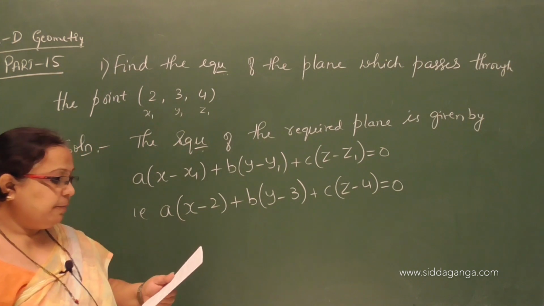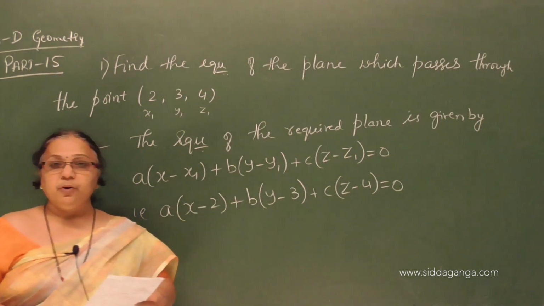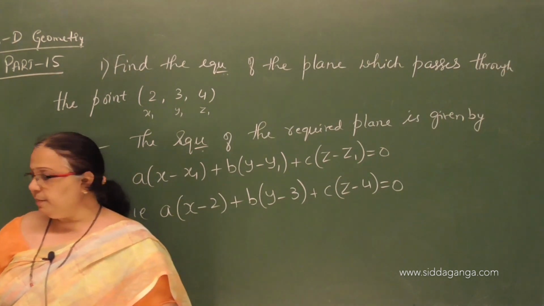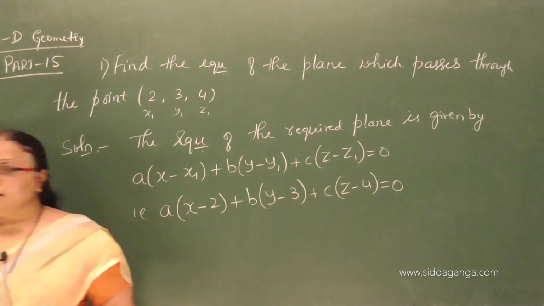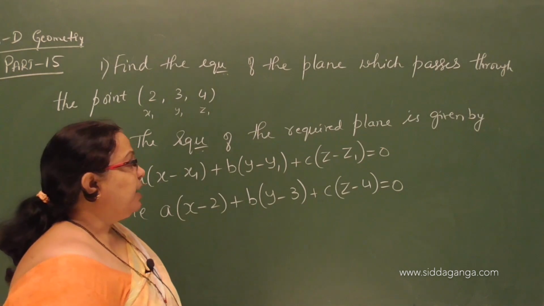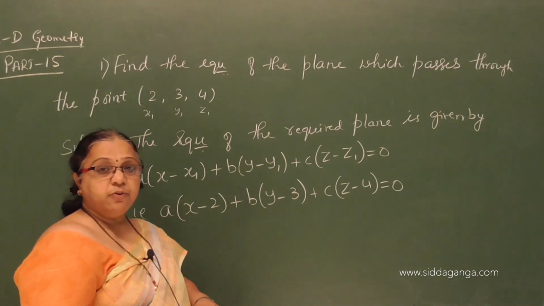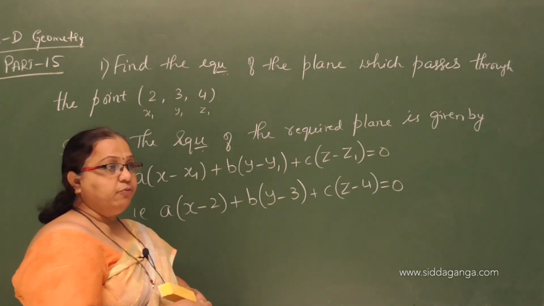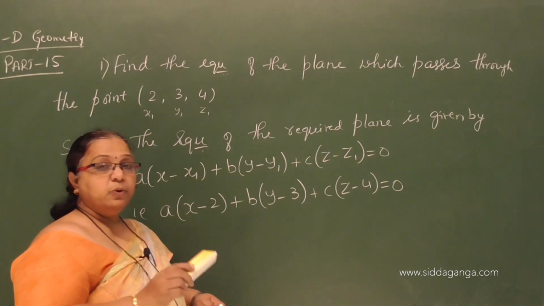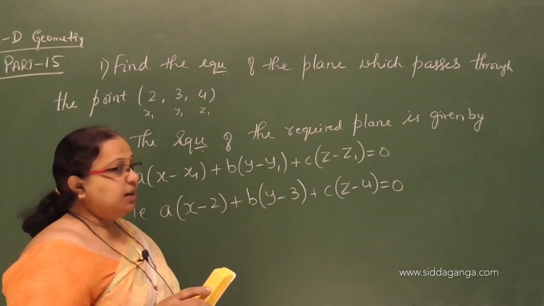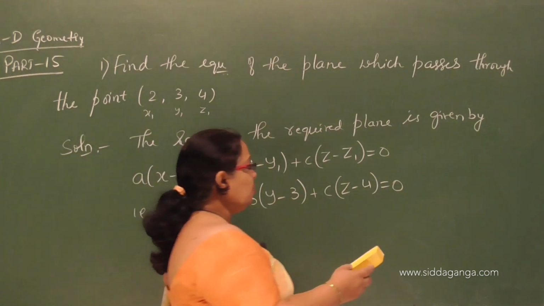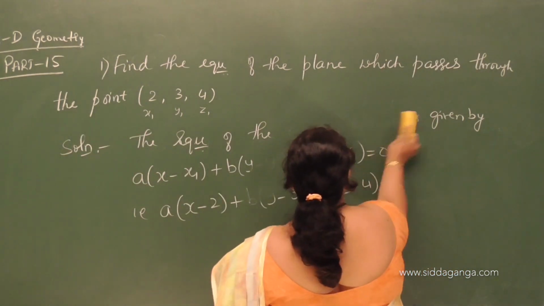So now let us solve the problems based on the equation of the plane which passes through the line of intersection of the given two planes. Let us write the formula once and then we can solve the problem.